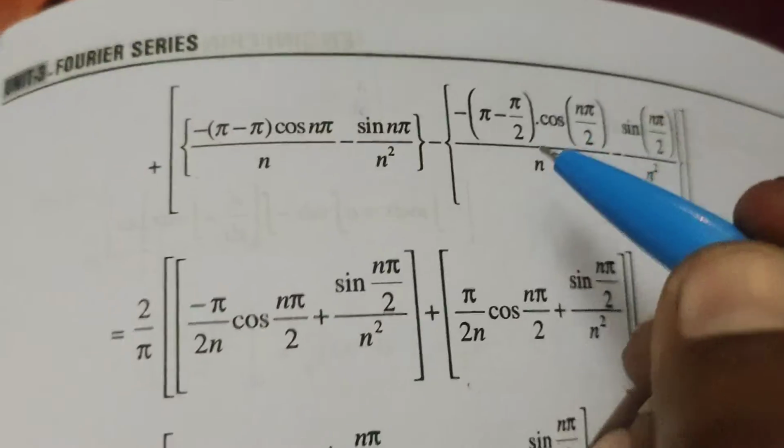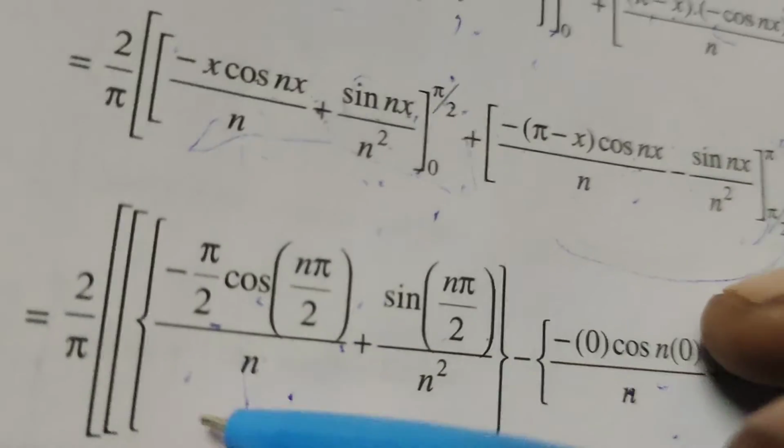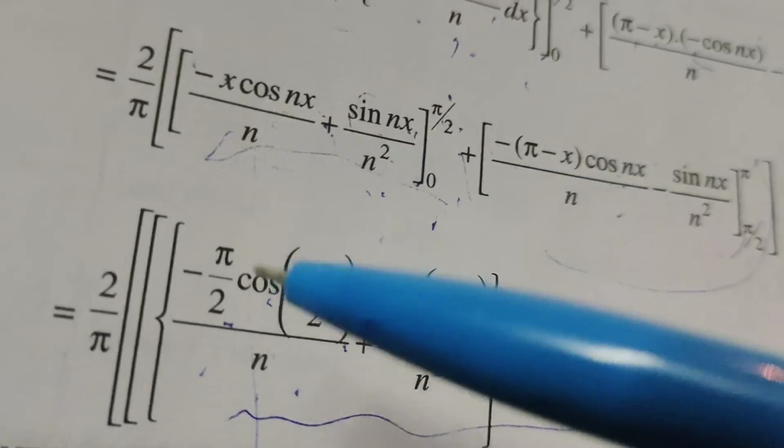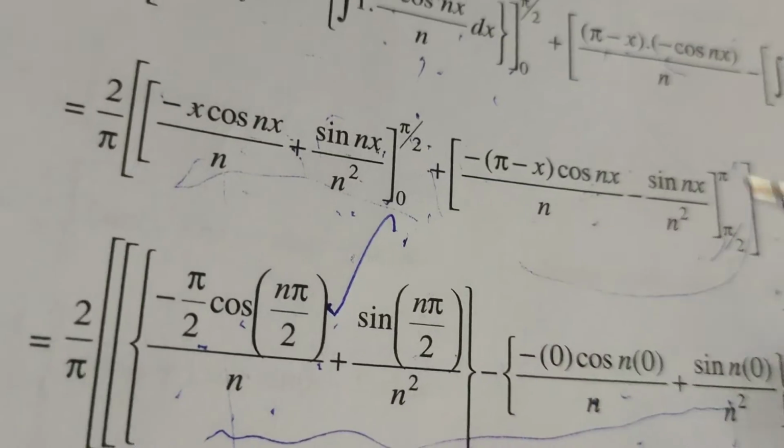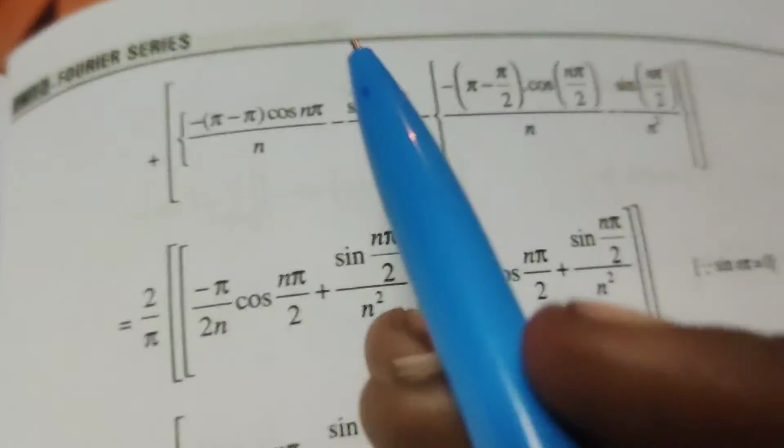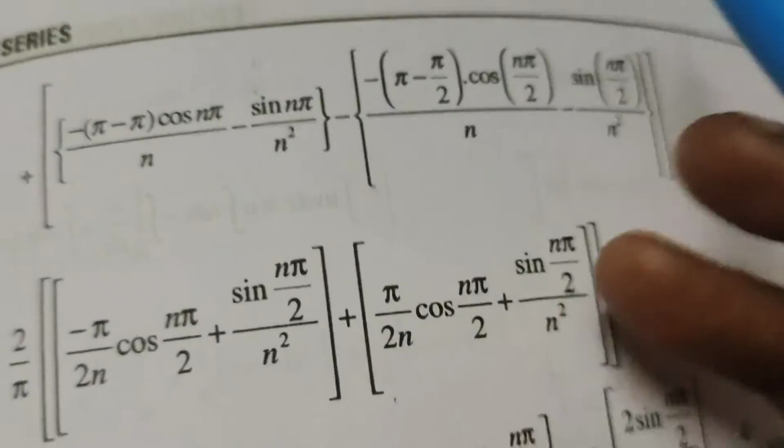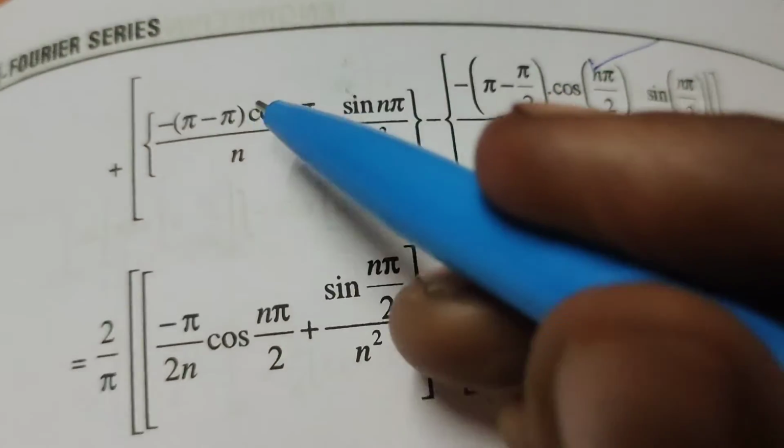Okay, in the first term we get only this term, this is 0. And in the second term we get only this term, this is 0.